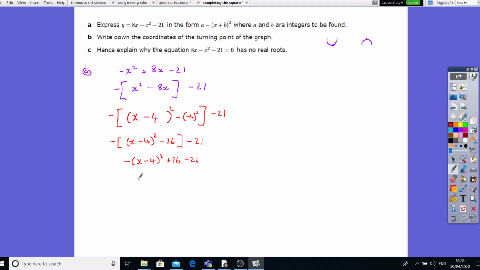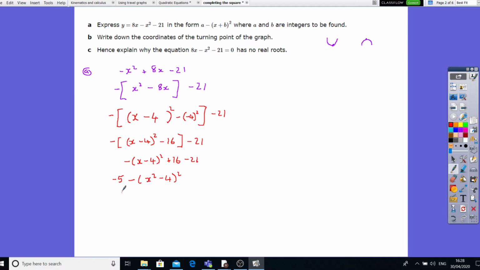So let's put it in the form they want. Let's say this again: 16 take away 21 is going to end up as minus 5. So we end up with minus 5, and this is going to be minus bracket x minus 4 and close, squared.